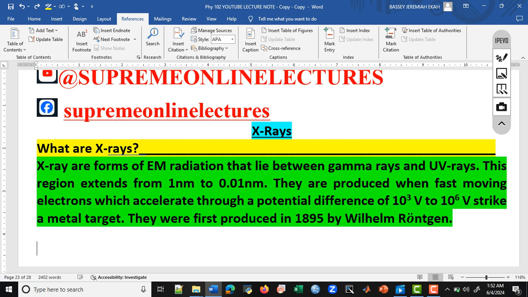They were first produced in 1895 by William Röntgen.